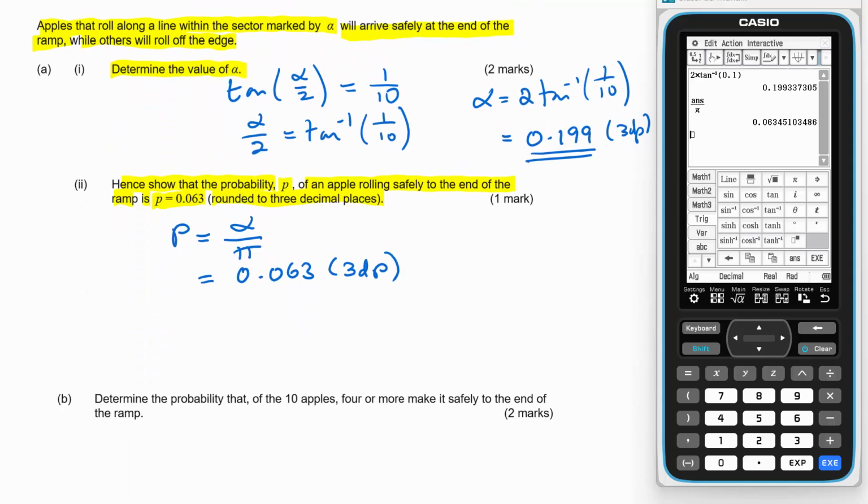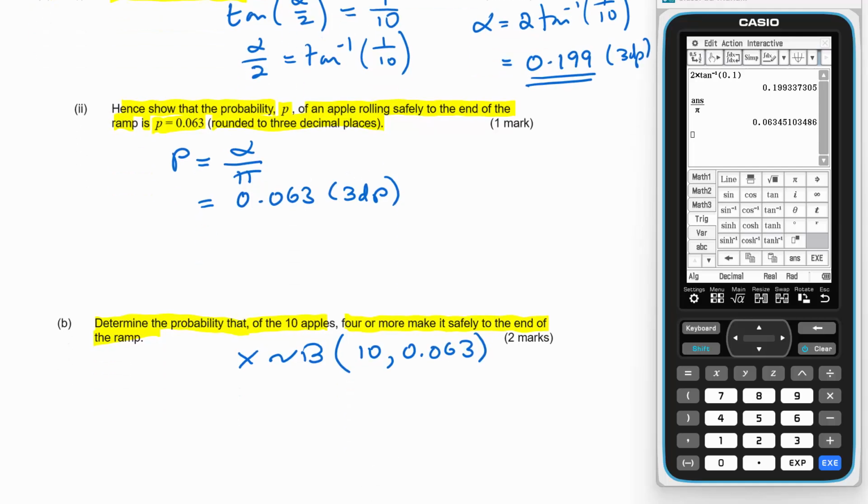Now, moving on to part B, determine the probability that of the 10 apples, 4 or more make it safely to the end of the ramp. Well, if x is the number of apples that make it safely to the end of the ramp, that's going to be binomially distributed with 10 trials and a probability of success of 0.063. And we want 4 or more, so the probability of x being greater than or equal to 4.